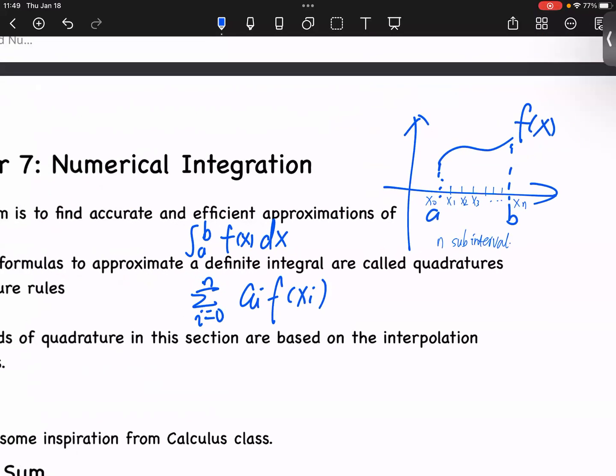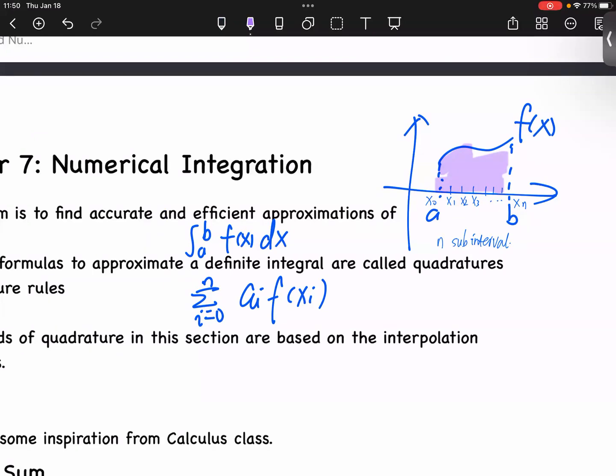And in the computer, it's actually using these quadrature rules to calculate the integrals. The integral means the area below the curve, right, and above the x-axis. So here we have the f function evaluated at the nodal points and a coefficient ai.